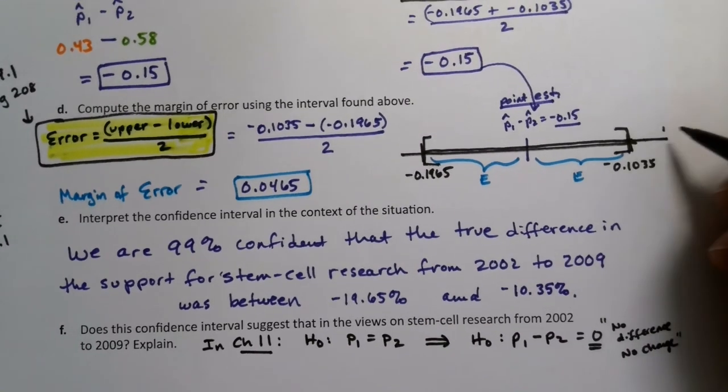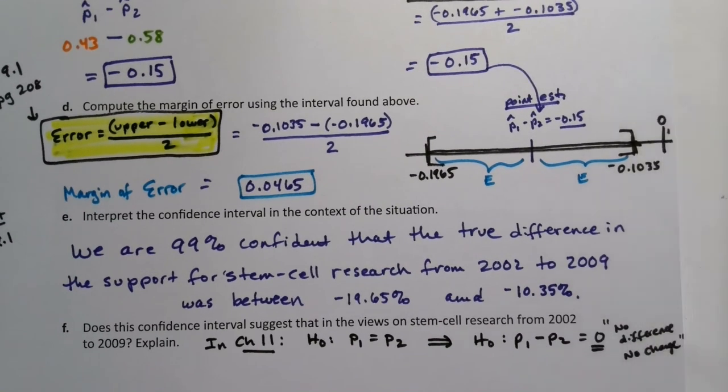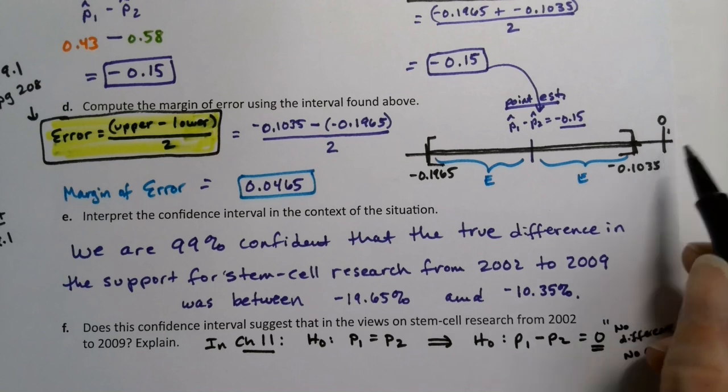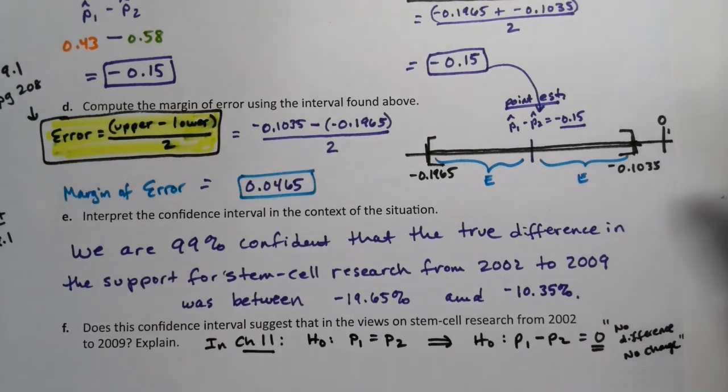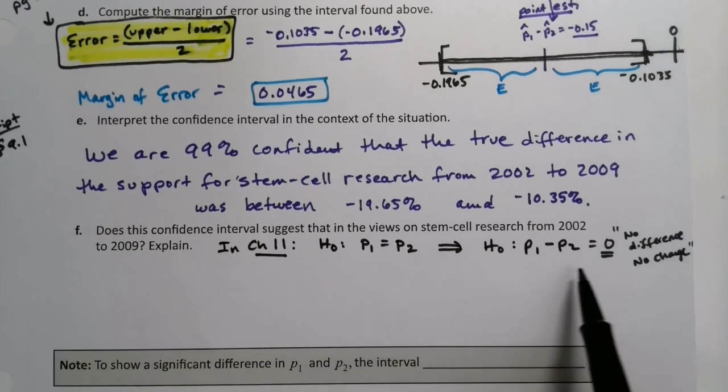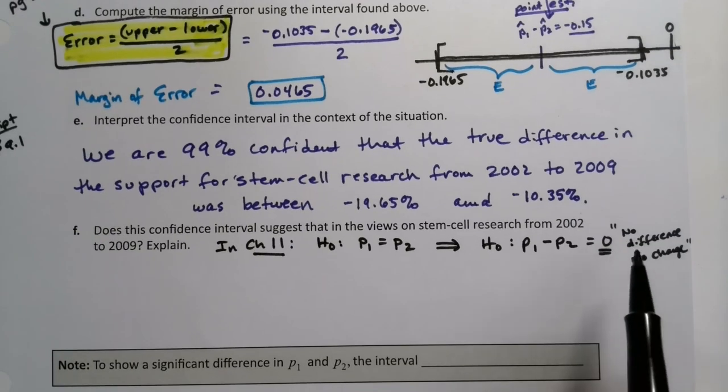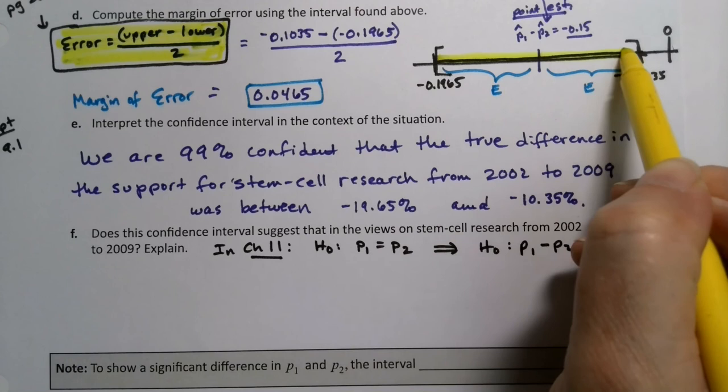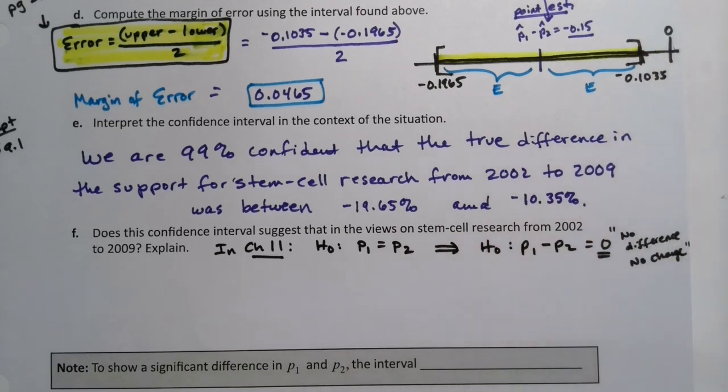In fact, I'm going to have to draw it right there. There's 0. 0 is not in the interval. 0 is outside of this interval, right? If they were no different, 0 would be in the interval because 0 is that there's no change. But 0 is not in our interval. Therefore, there is a change. There is a difference. Here's the interval from here to here. 0 is outside of it.